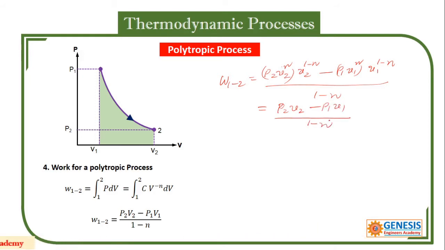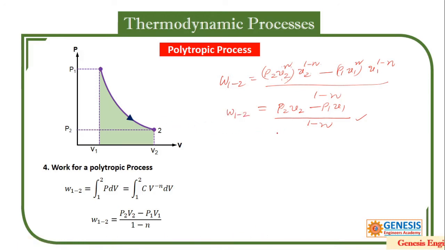So here this is V to the power of n, and in this V to the power of minus n, both get cancelled, and you have P2 V2 minus P1 V1 by 1 minus n. This is the work done under a polytropic process.